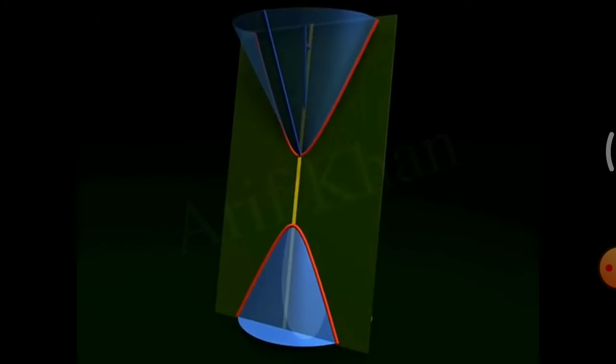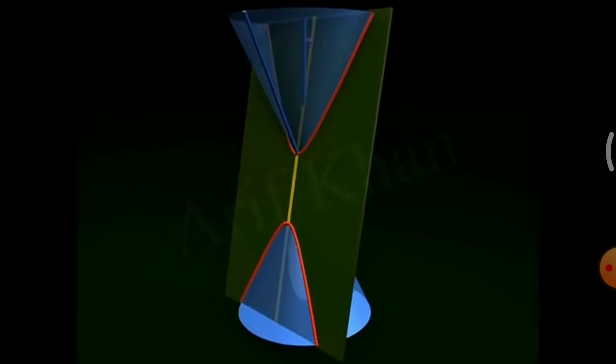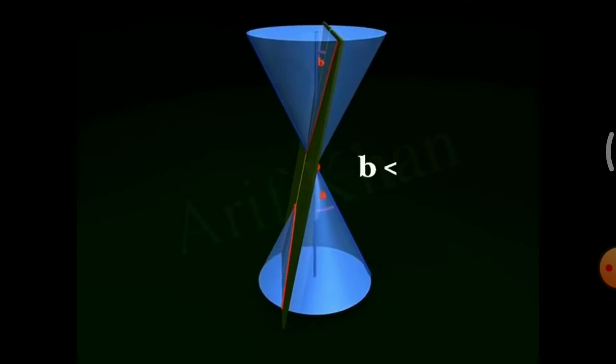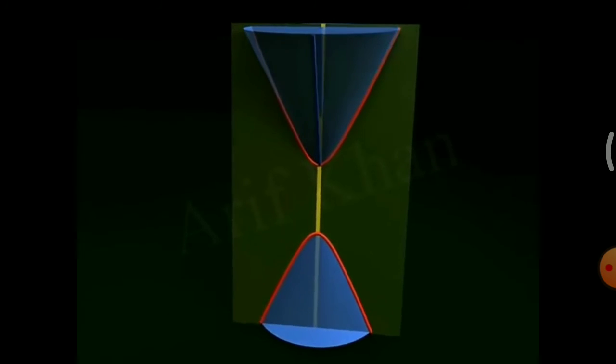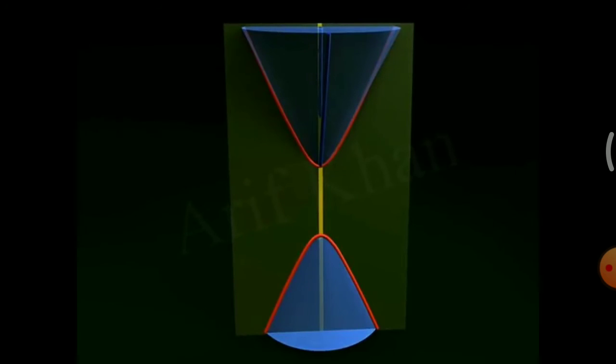However, if the plane intersects the vertical axis at an angle smaller than the vertex angle, the plane intersects both the naps of the cone to form an open curve called a hyperbola, which has two distinct curves.